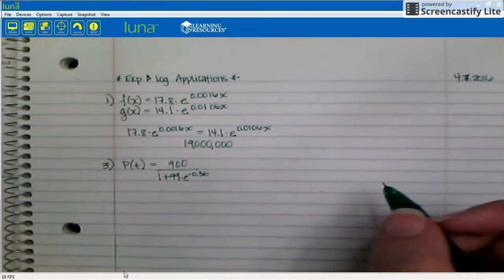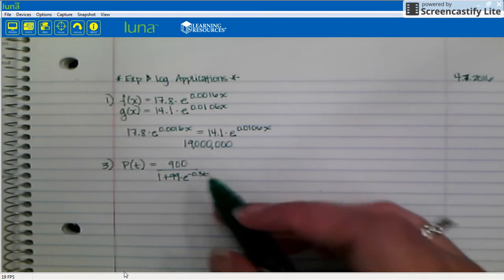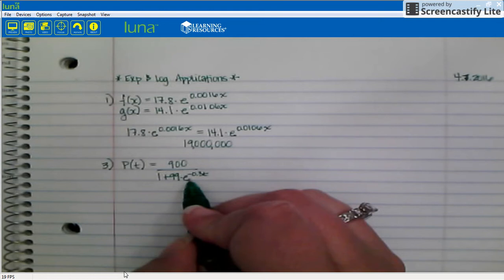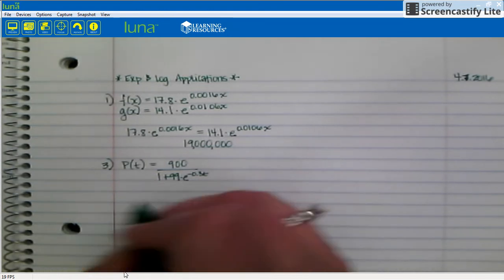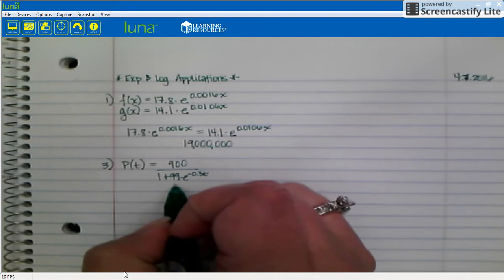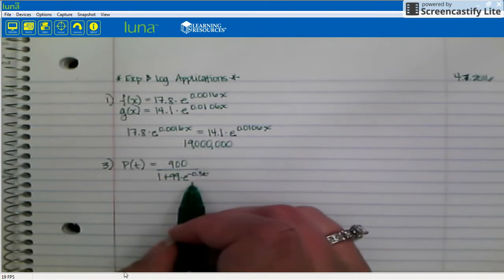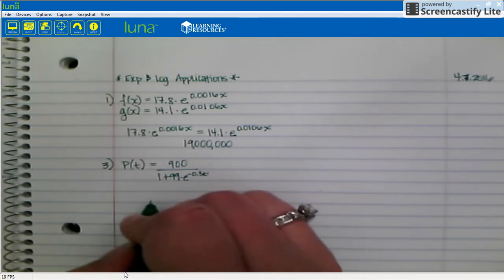Well, if you pull out the fact that you have this 1 over e to the negative 0.3t, then what you're going to have is 900 over 100, essentially, because this is going to be very small. And so 900 divided by 100 gives you 9.